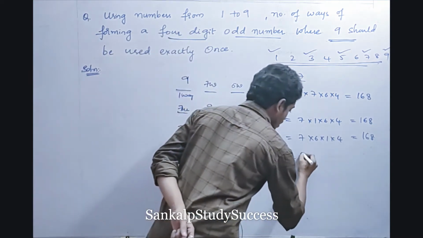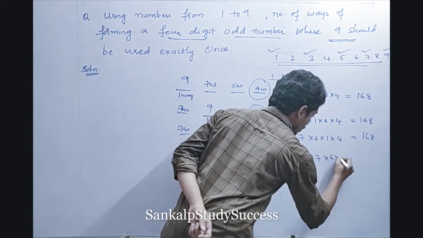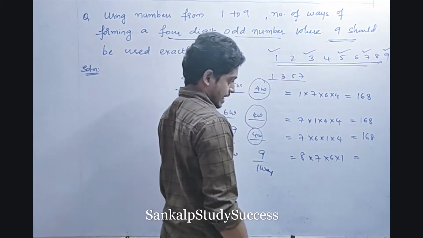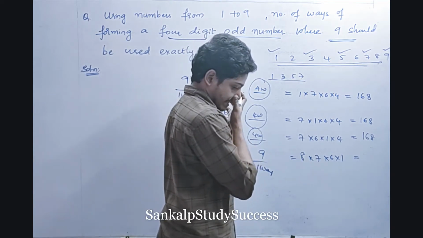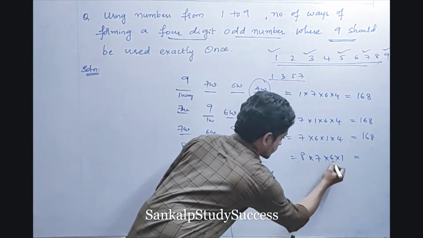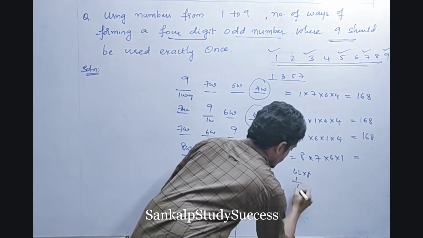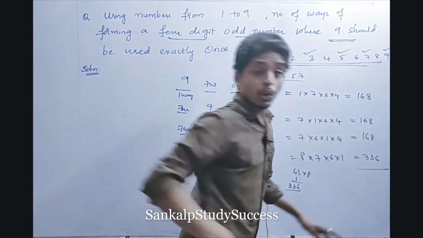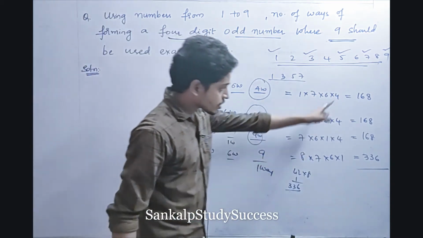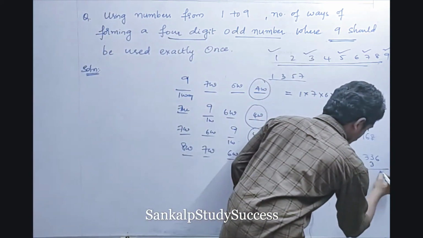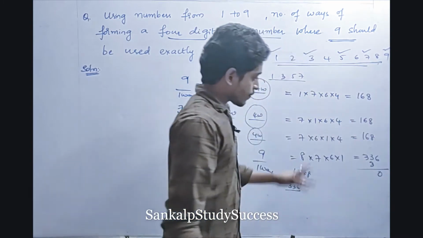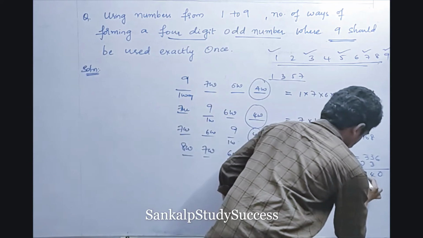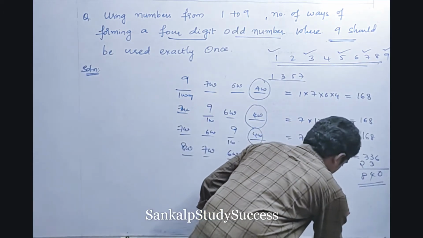So what is the value friends? 8 into 7 into 6 into 1, that is 6 7s are 42, 42 into 8 is 336. Yes, 336. So what is the total number of ways friends? 168 plus 168 plus 168 plus 336. Total number of ways is 840 ways.